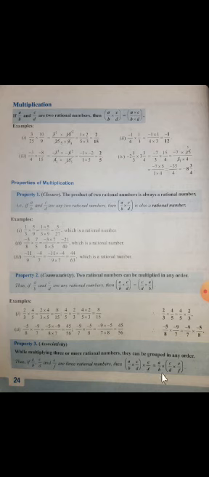In the next step, the first one they are keeping outside. The second and third they are taking inside the bracket. First one outside, and second and third inside the bracket. And in this way they will find the product of these three rational numbers. This is the first case, this is the second case.